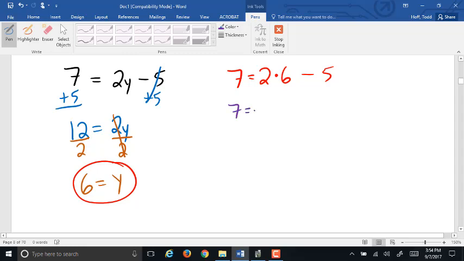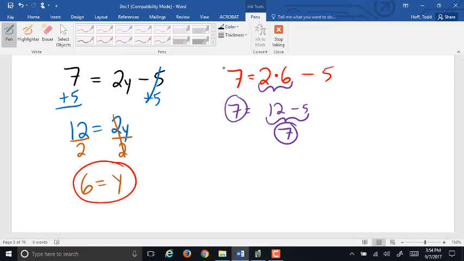Well, the 7 isn't going to change. 2 times 6 is 12. Minus 5 is 7. So we have 7 on both sides. So that tells us that that answer is most likely correct. Either it's correct or we made 2 mistakes that ended up happening to work out.